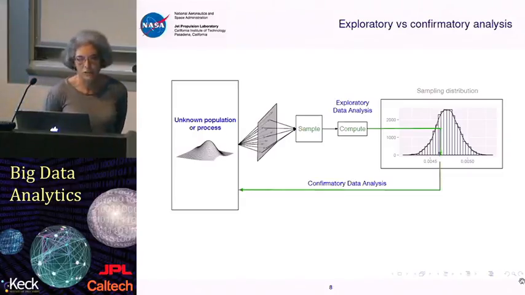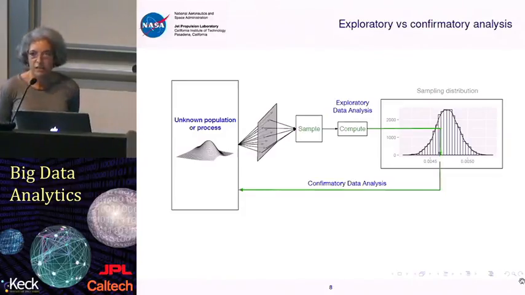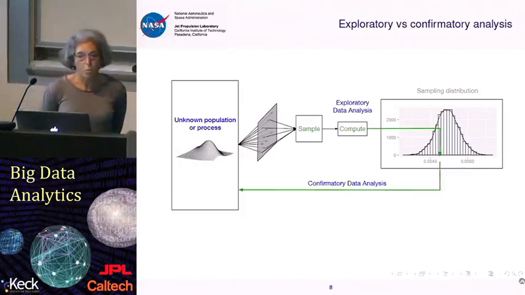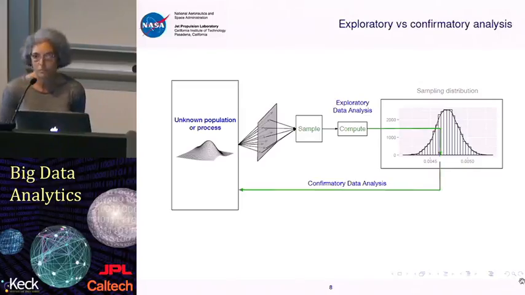Exploratory data analysis, sometimes called EDA, is a popular term, and that pertains to taking the data that you have, as I've shown it here, the data from the sample, and exploring it, as the name says, maybe making plots, looking at it, computing some summary statistics, or perhaps even doing something extremely sophisticated, like using a machine learning algorithm, such as the one Dave Thompson might have talked about to you. But in any case, you're applying that algorithm to the data you have in front of you.